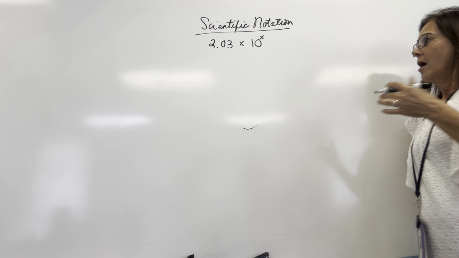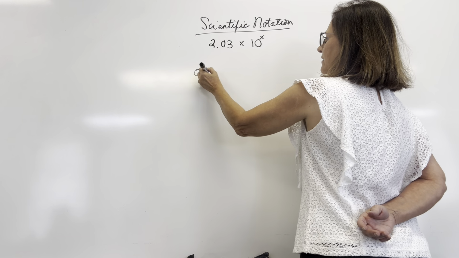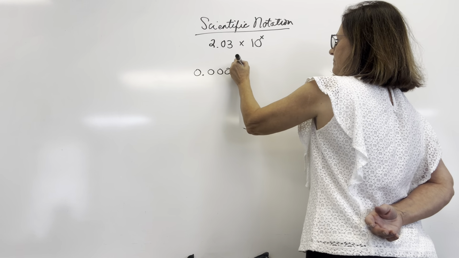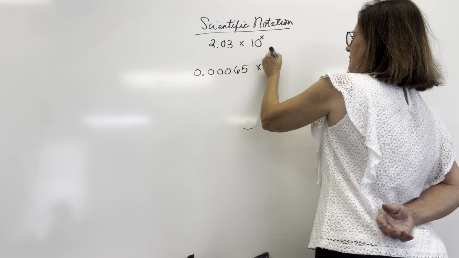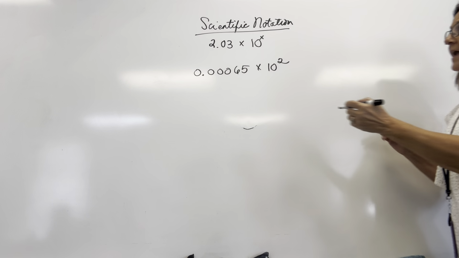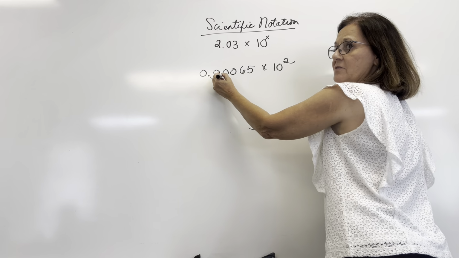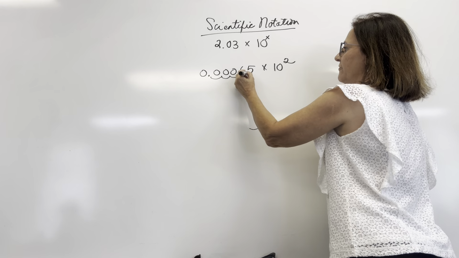All right. But what if I have a number that looks like this? It's going to be a negative exponent. I count how many times I have to move the decimal place. 1, 2, 3, 4.